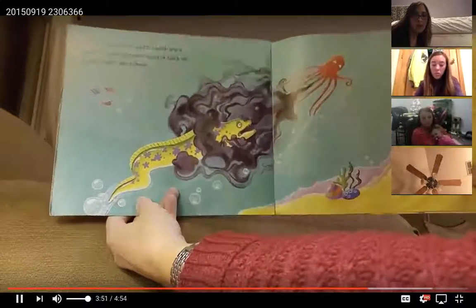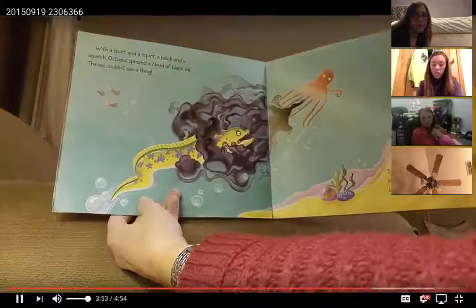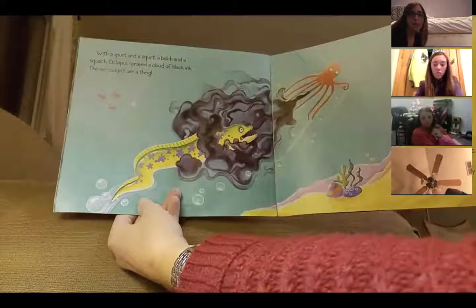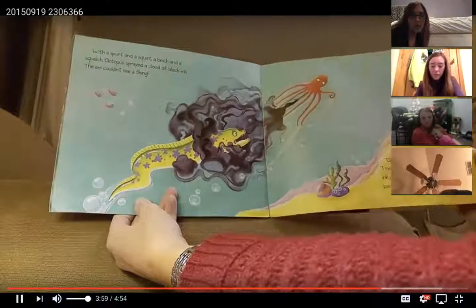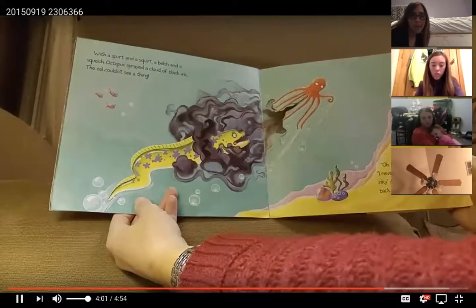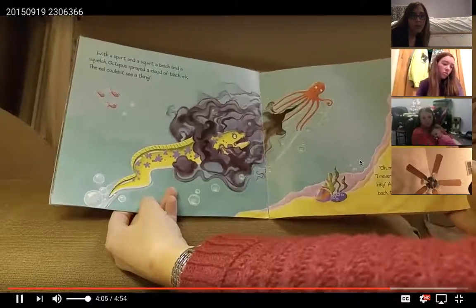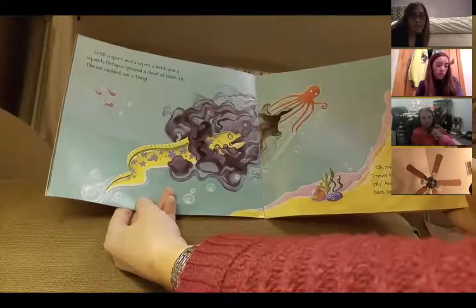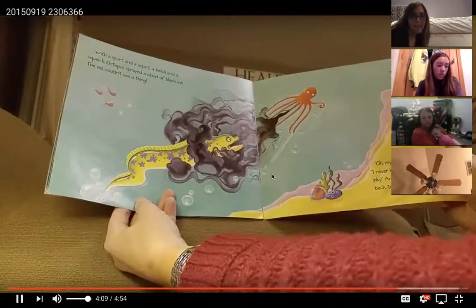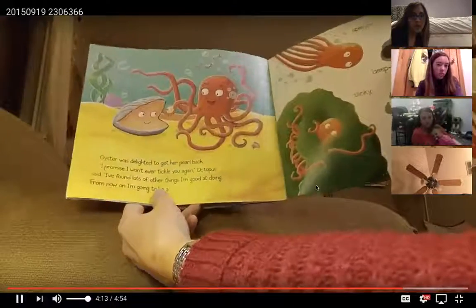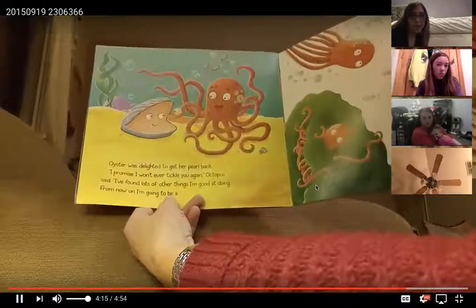With a spurt and a squirt and a belch and a squelch, Octopus sprayed a cloud of black ink. The eel couldn't see a thing. "Oh my," thought Octopus, "I never knew I could be so inky." And he danced happily back to Oyster. Oyster was delighted to get her pearl back.